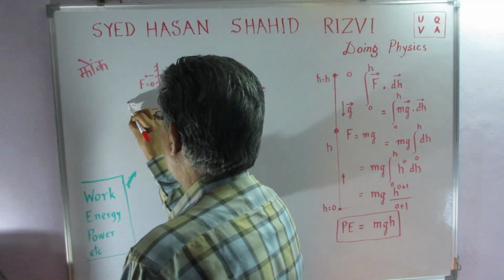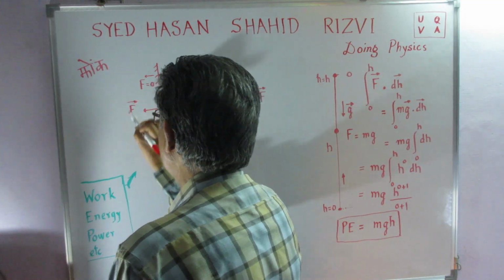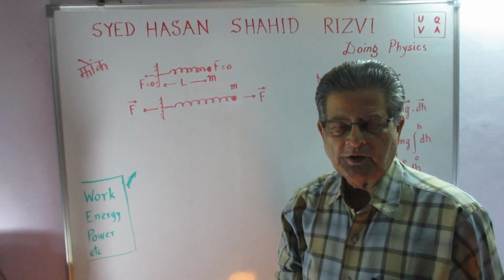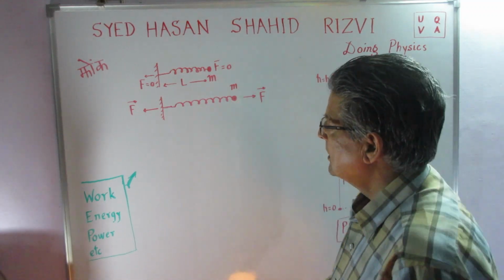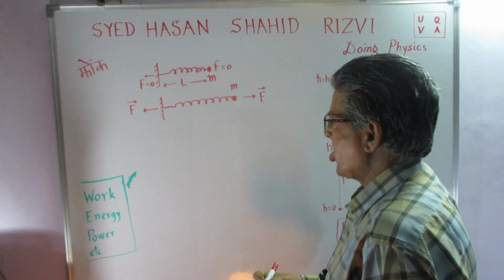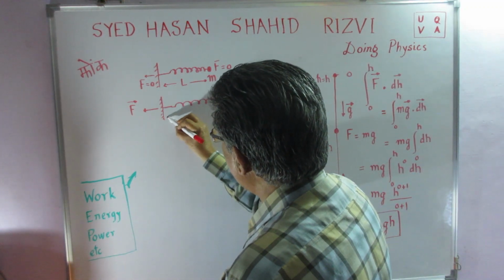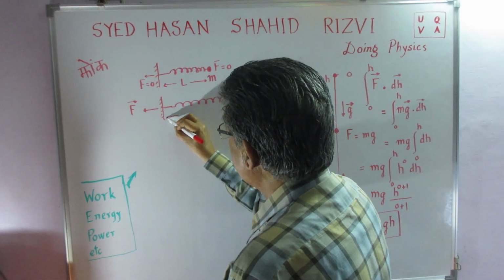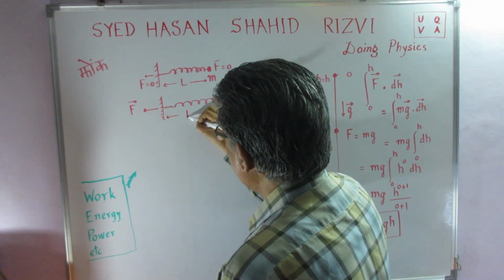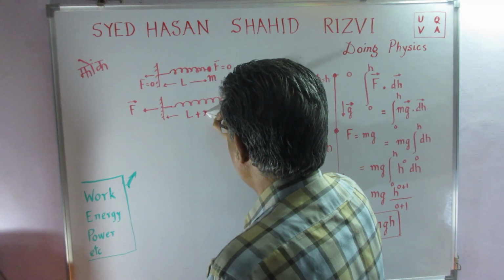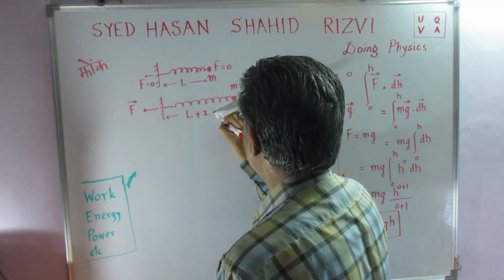This force is also equal to F. You can see the magnitude is the same, but the direction is opposite. Now what happens? In this situation, the length of the spring becomes L plus an extension X.